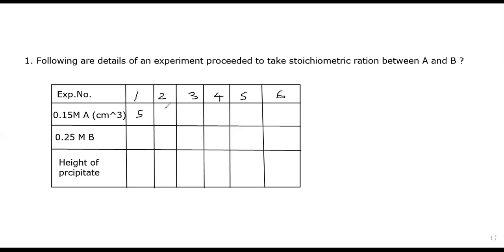That means all volumes are 5: 5, 5, 5. In B, I'll change it: 1, 2, 3, 4, 5, 6. Height in centimeters.